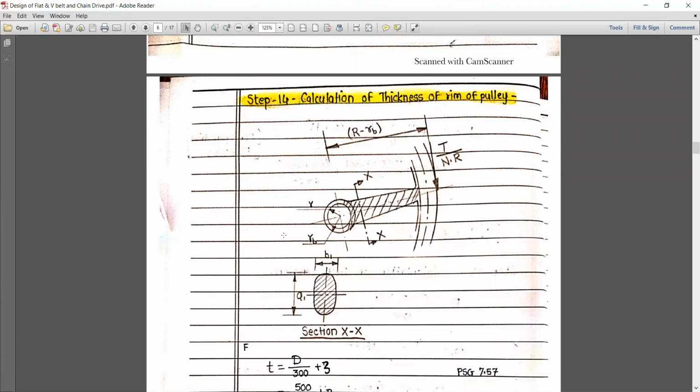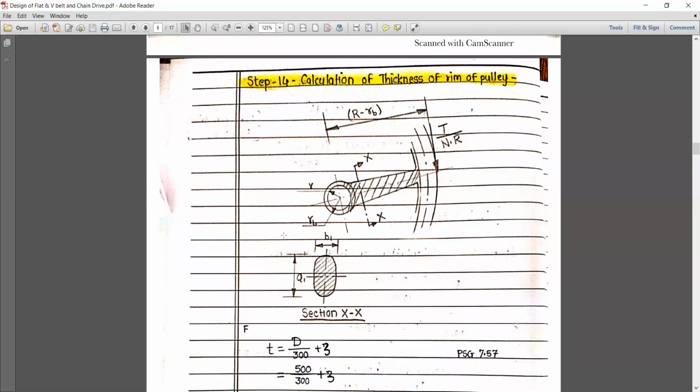Next one, to calculate the thickness of the rim of the pulley. Here we have drawn a cross-sectional view where the maximum tension is applied at a particular distance, that is capital R minus RB.